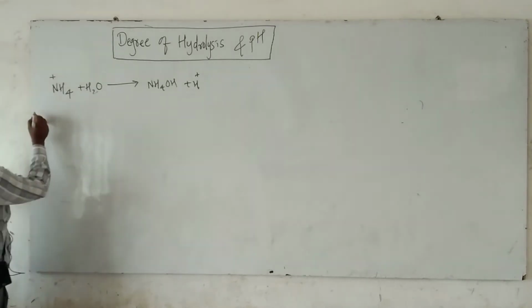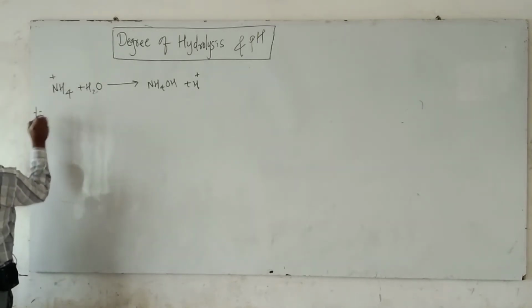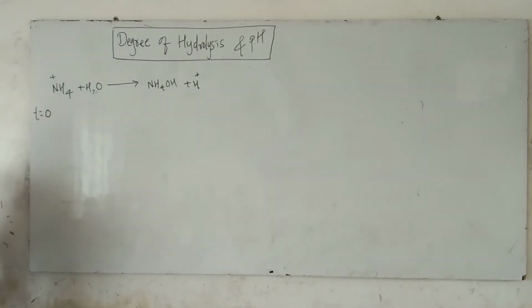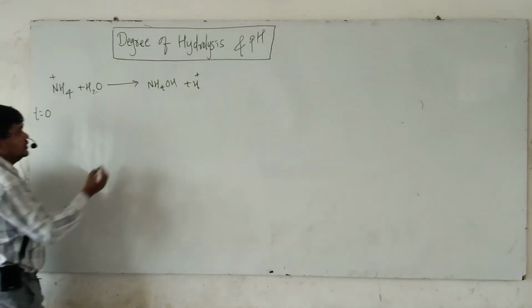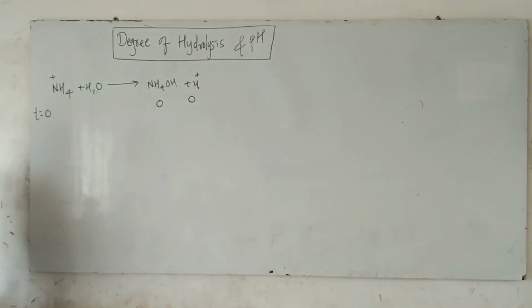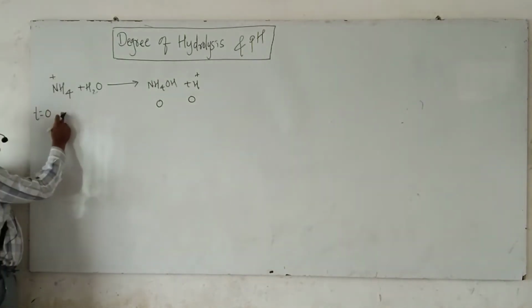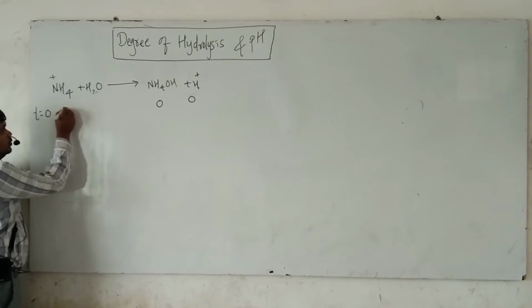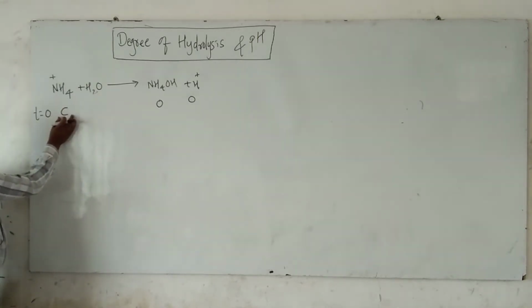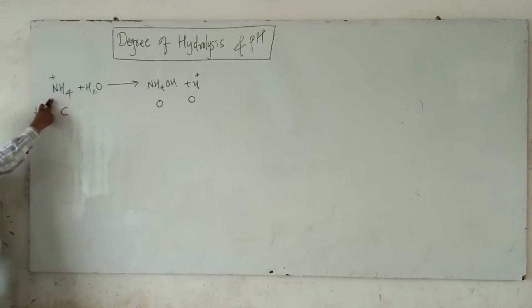Okay. Now consider when t is equal to 0. t is equal to 0 means the reaction has not started. Product is not formed. So product will be 0, 0. What will be the reactant? Suppose the reactant is C. C is the concentration of NH4 plus.